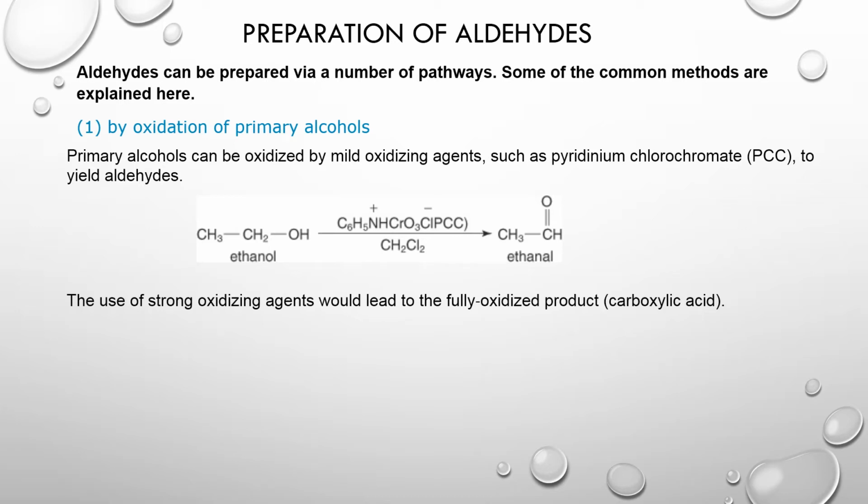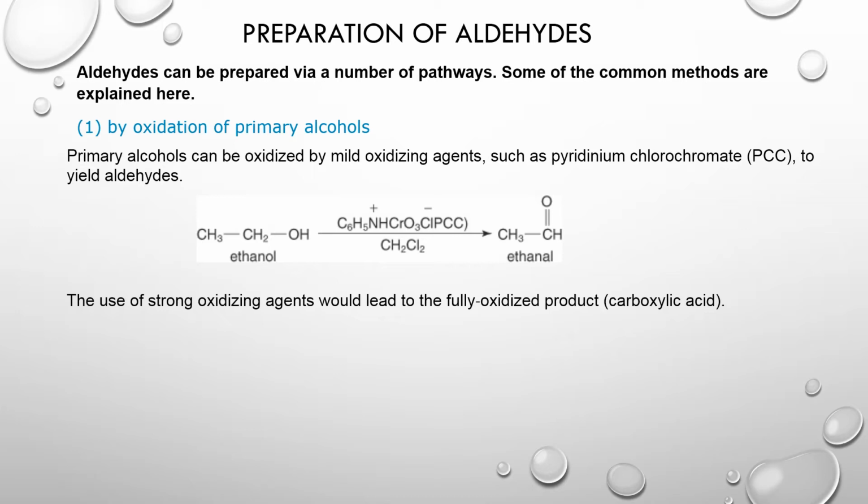Suppose in place of a mild oxidizing agent we use a strong oxidizing agent like KMnO4, then such a strong oxidizing agent would lead to the fully oxidized product, that is carboxylic acid.